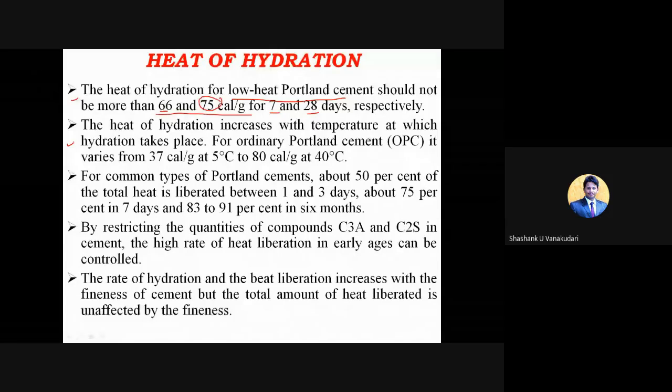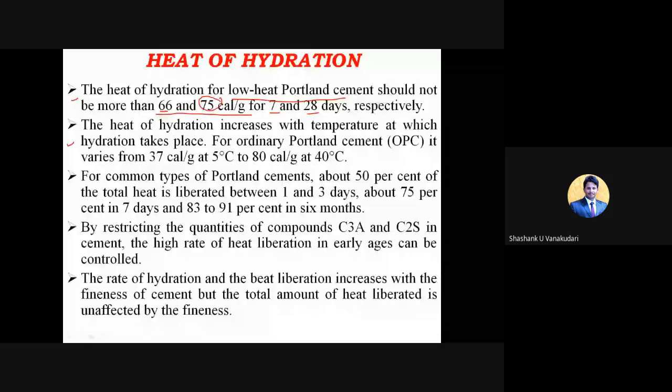Of course, more heat of hydration will be released where the temperature is higher, at 40 degrees Celsius. That is in terms of calories per gram.